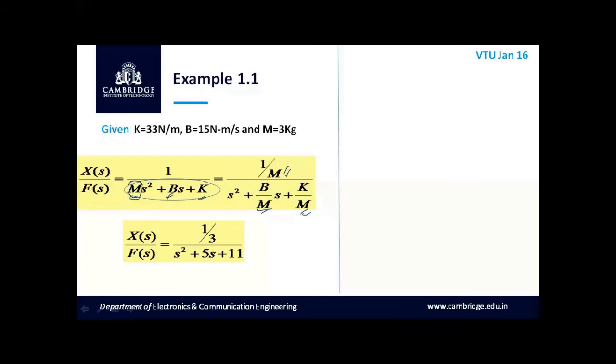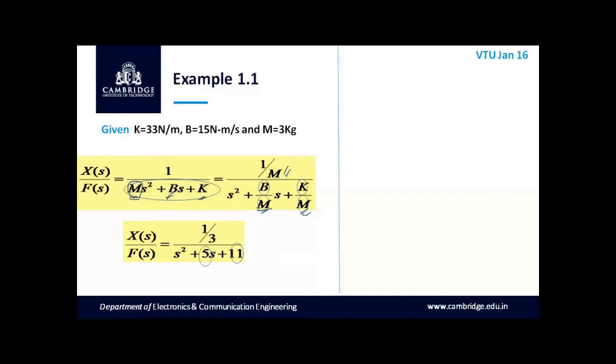We have here the second term of the denominator as b by m, so 15 by 3 is 5s, plus k by m, in which k is given as 33 and m is given as 3. So 33 divided by 3 is 11. So we have here 11. So we have substituted for m, b and k in the above expression, and we have obtained the transfer function x of s by f of s.